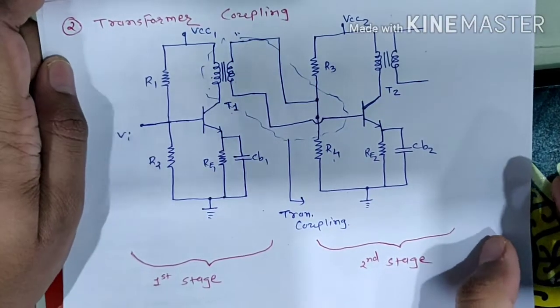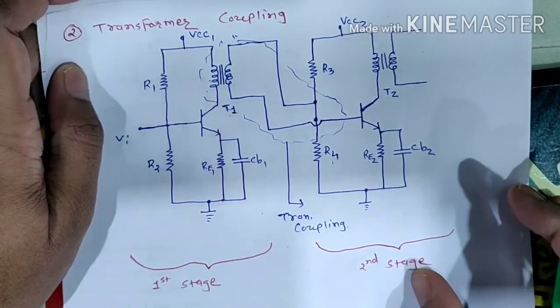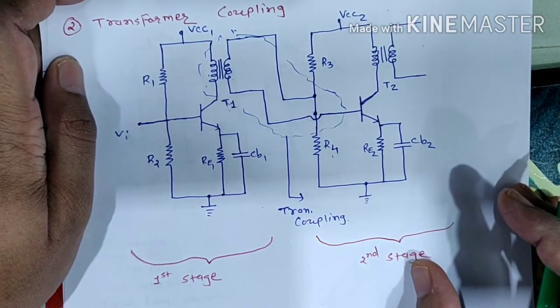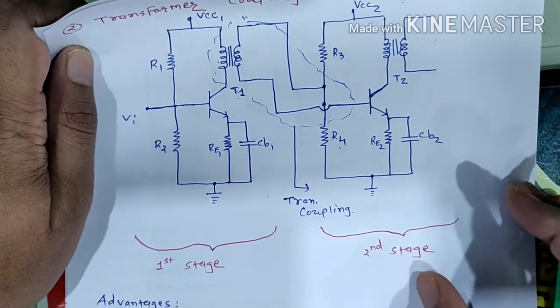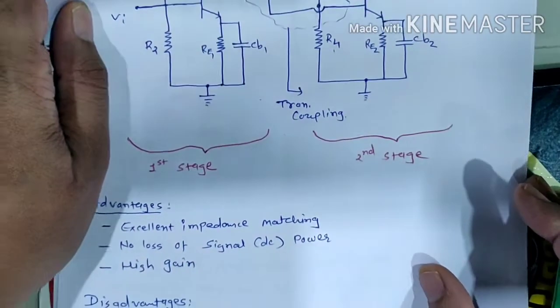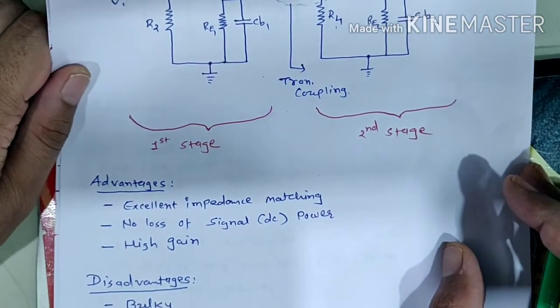In this circuit, if we connect our multi-stage amplifier through transformer coupling, let us discuss the main advantages and disadvantages of this particular technique.